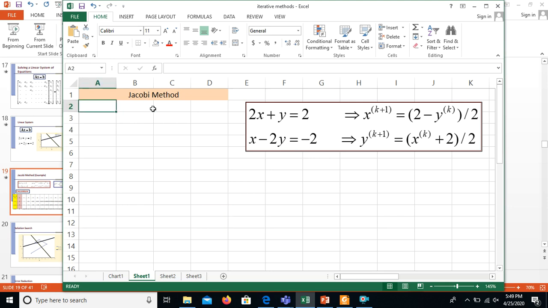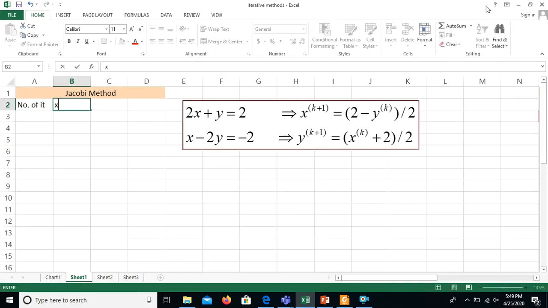Over here, let me begin with the number of iterations. So for the number of iterations, here I write x and the value for y, and I reserve a column for error calculation. So I have to start, so I say starting point 0, and for the initial approximation for x, let's start with 0, 0.